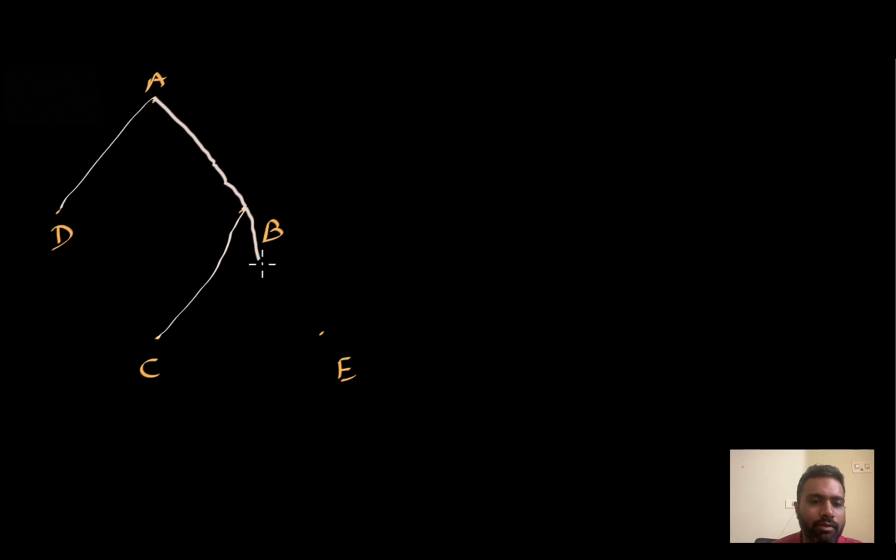Let me give names to these nodes: A, B, C, D, E. Let's write the pre-order of this tree.